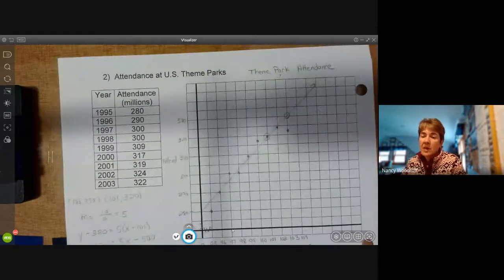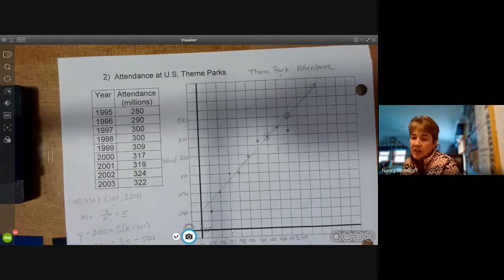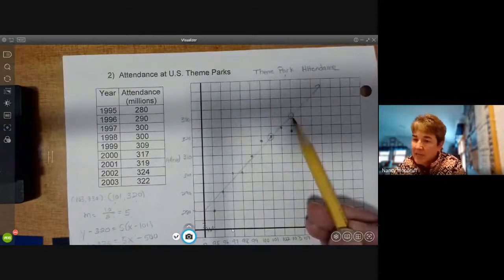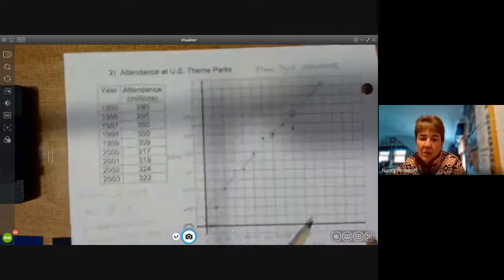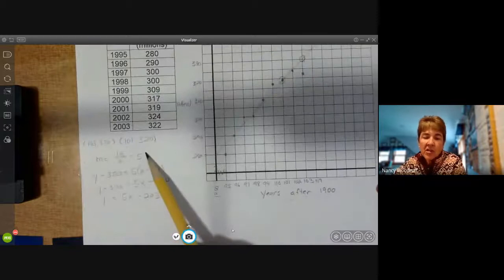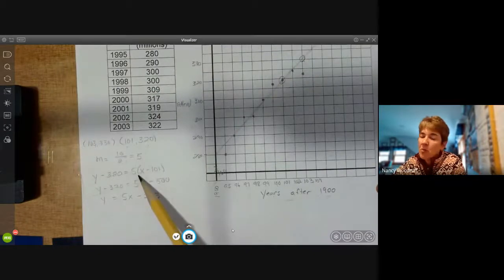You set up a good graph: title, labels, good scales, plot your points, draw in your trend line. Find 2 points in the crosshairs that are on the trend line. They might not be data points. List those 2 points, calculate your slope. Using the point slope will always work.